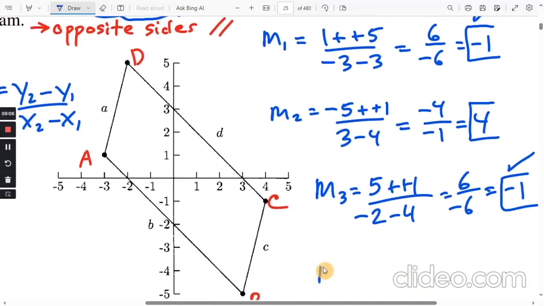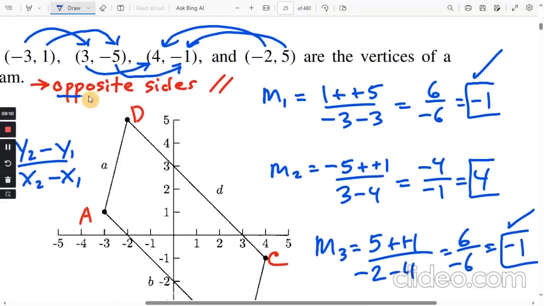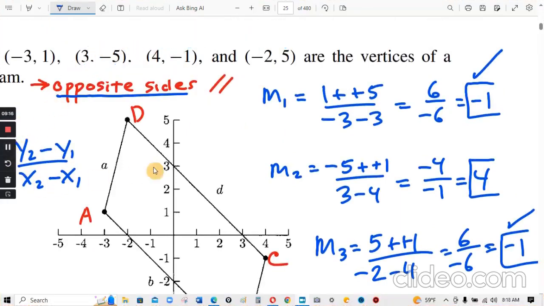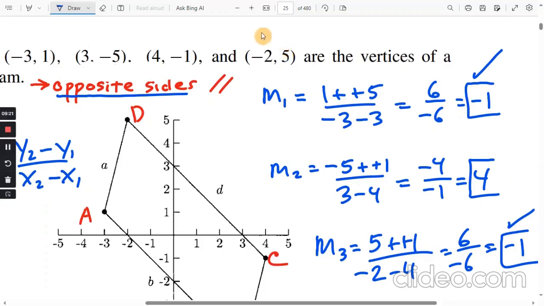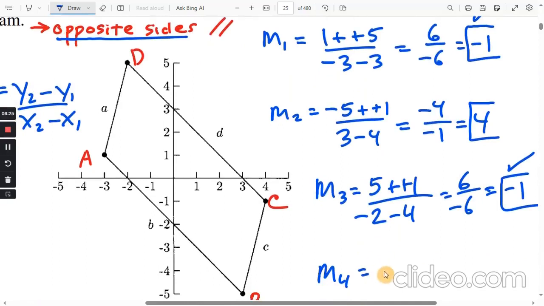Finally, the last one. Because remember, you need opposite sides parallel, so we're going to need 2 pairs of slopes that are parallel. All right, last one. We're going to do last point to first point. Change in y is going to be 5 minus 1.